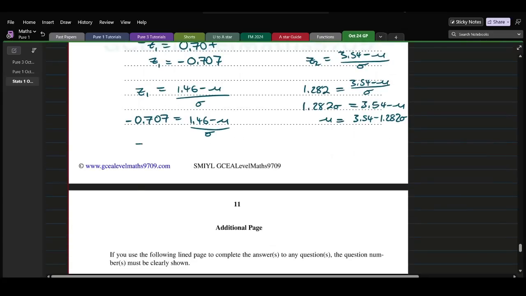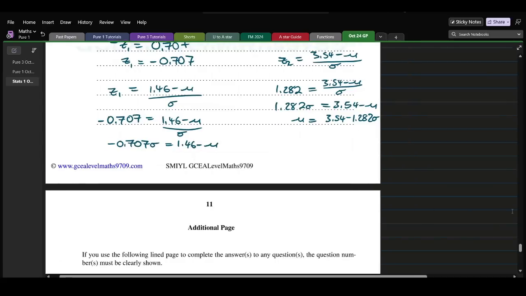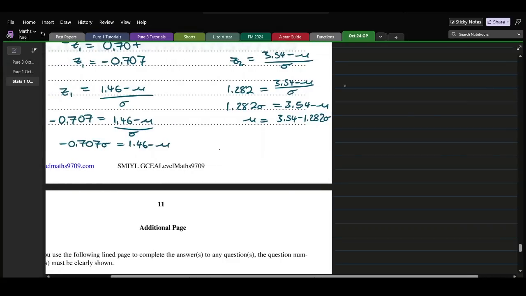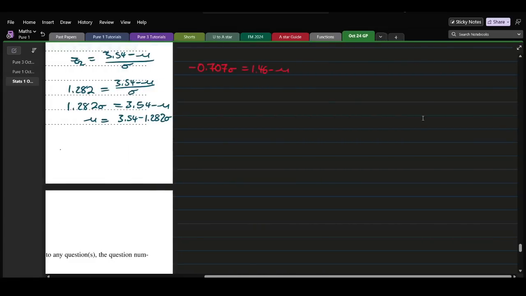So that would be negative 0.707 sigma, and this is equal to 1.46 minus mu. Alright, we've run out of space. Let's just write our two equations on the side. I'm going to do that in red. So we've got negative 0.707 sigma is equal to 1.46 minus mu, and then we also have mu is equal to 3.54 minus 1.282 sigma.